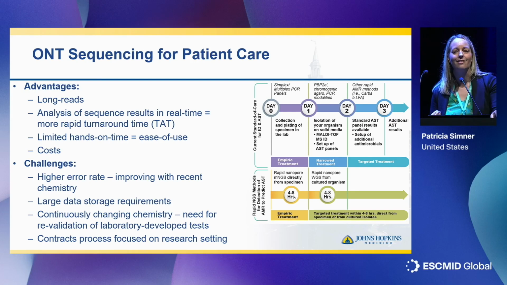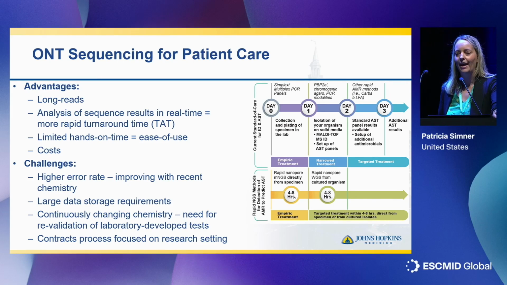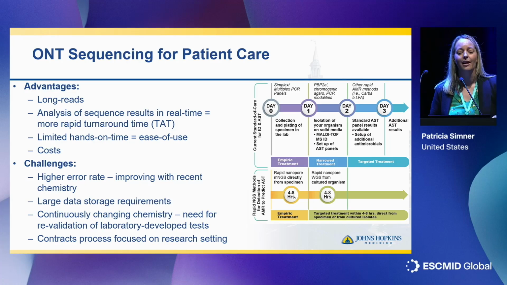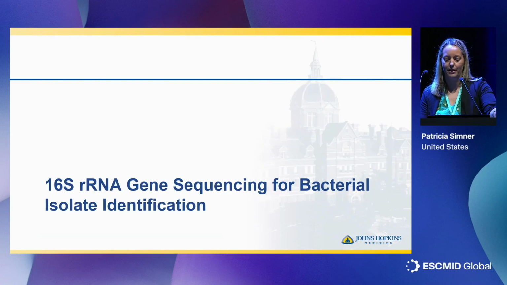So in the clinical lab, we need to lock down our method. We need to validate that, understand the performance characteristics. So any changes require revalidation. And then a lot of the contract processes right now are focused more on the research setting than bringing it into the clinical setting. But I will say that the advantages far outweigh those limitations, and we're excited to see nanopore sequencing being implemented for patient care purposes in our laboratory.